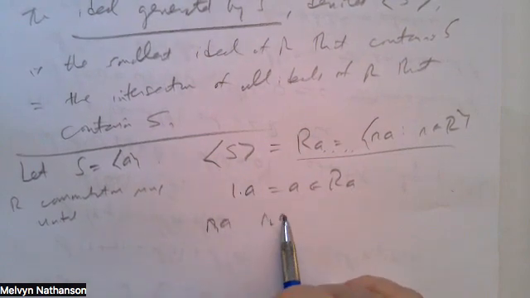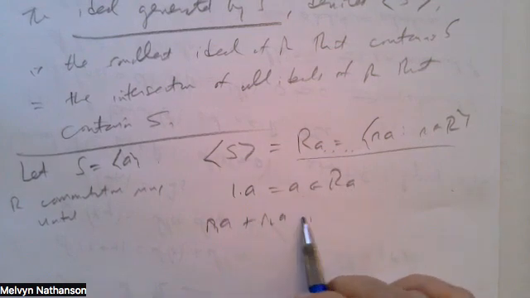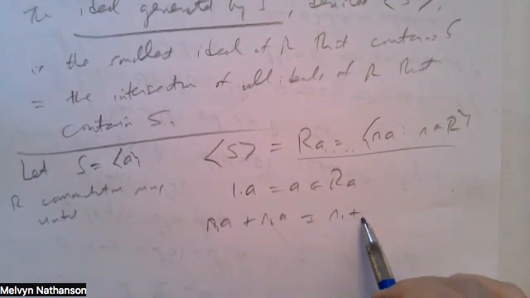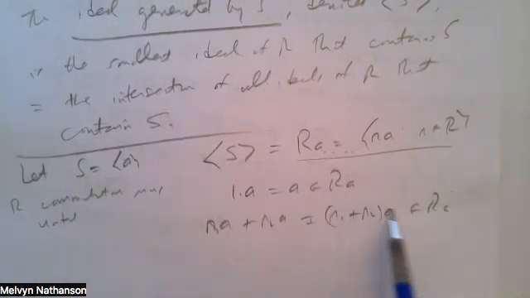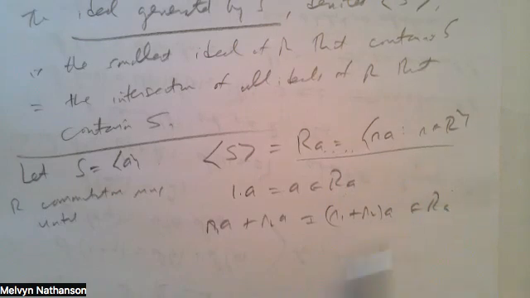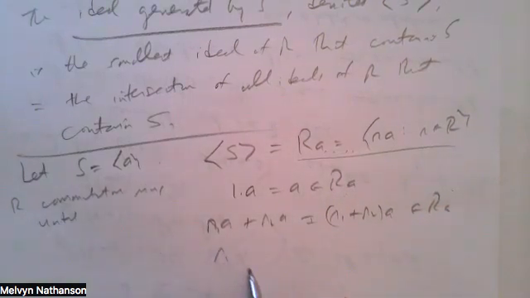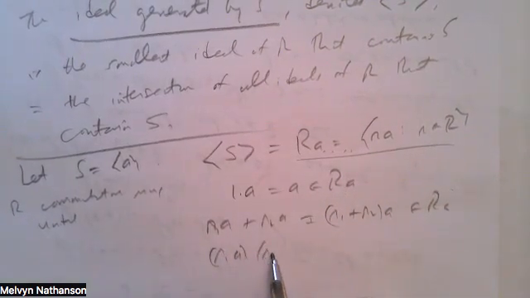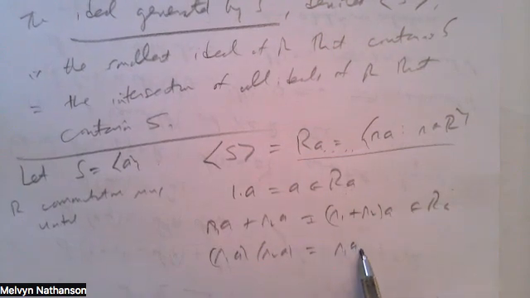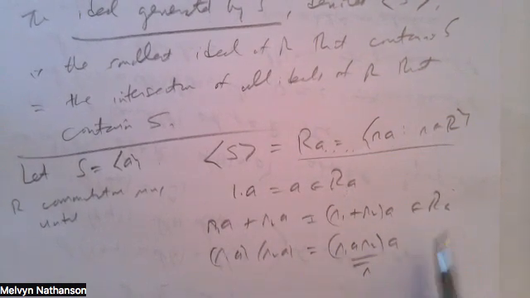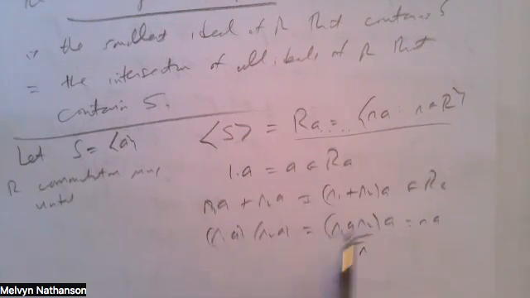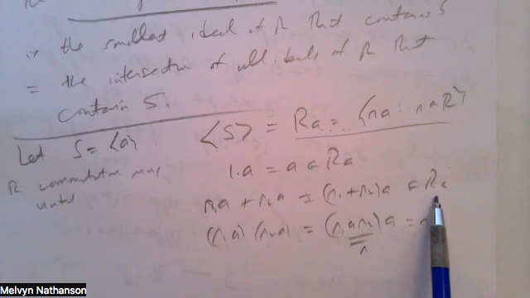And if I have two elements, r1a and r2a, and I add them, I get, by the distributive laws, r1 plus r2 times a. So this set Ra, all multiples of a, is closed under addition. And r1a times r2a, I can write that as r1a times r2, all times a. If I call this some element r, this is another element, r times a. It's another multiple of a.